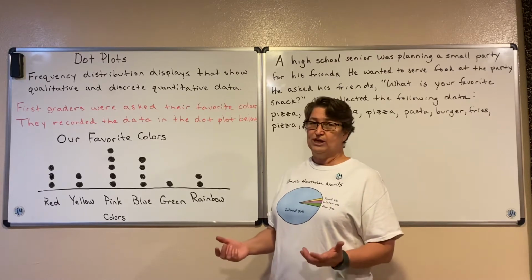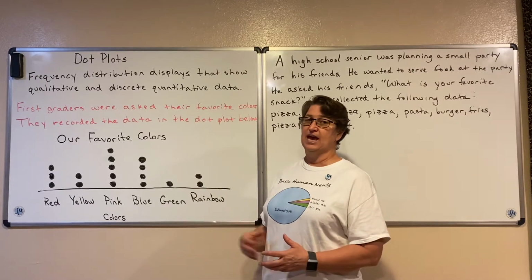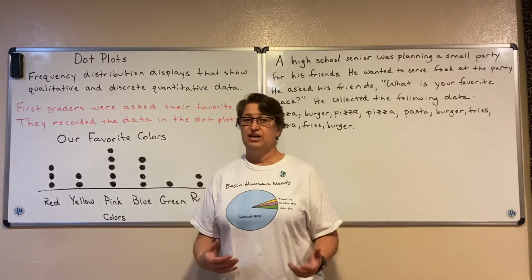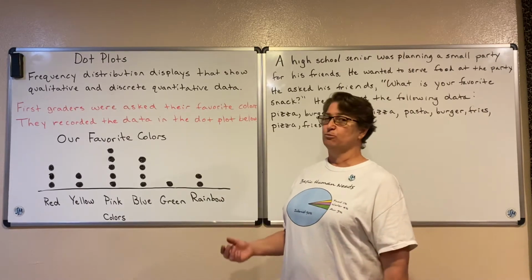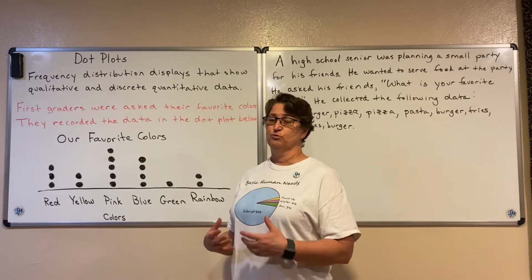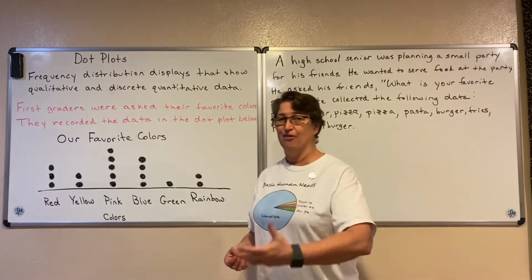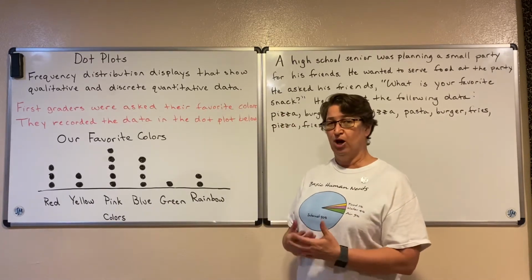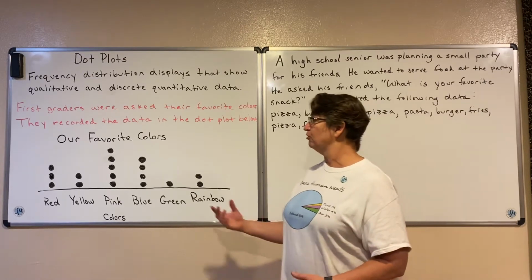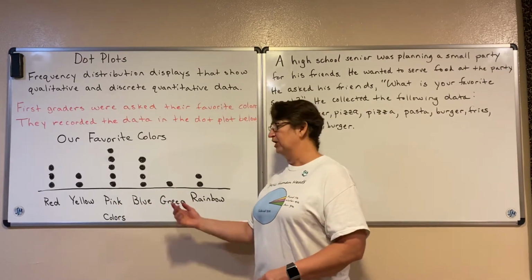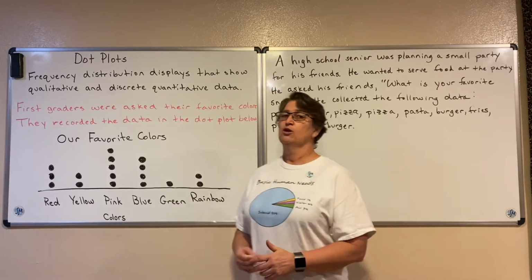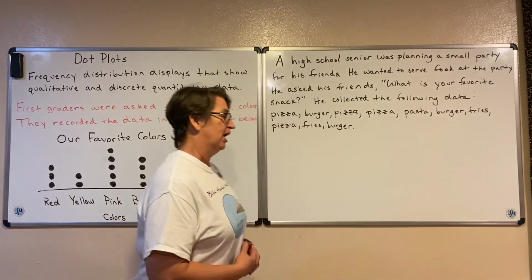Then we can also look nice and easily at this dot plot just to see which color had the most. It just jumps out. These bar graphs and frequency distributions should just jump out, the largest amount and the smallest amount. So like here, we can tell that pink was chosen the most and green was chosen the least. So there is a dot plot of that data.